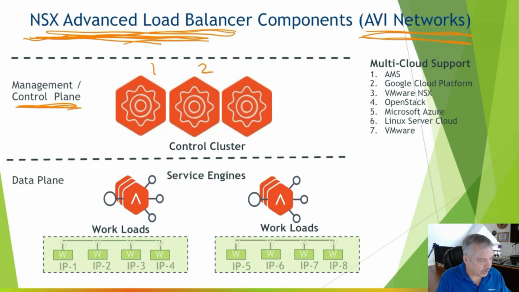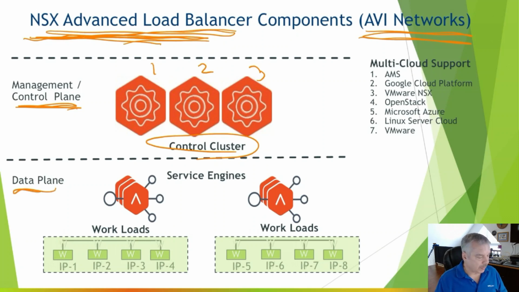So we have these 3 VMs here, and this is our, I'll call it management and control plane. And this is what they refer to as the control cluster, okay? So it sounds familiar, doesn't it? You have three of them, just like the NSX manager. So we have these three, and this is how we manage our NSX Advanced Load Balancer environment. This is where we're going to set things up, monitor, troubleshoot, get alerts, all that kind of stuff.